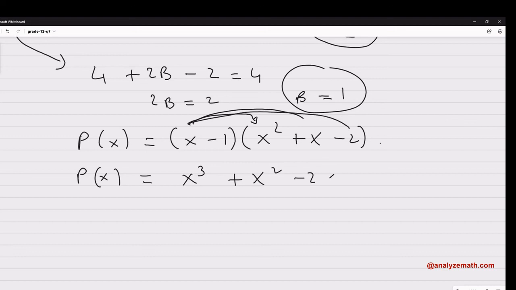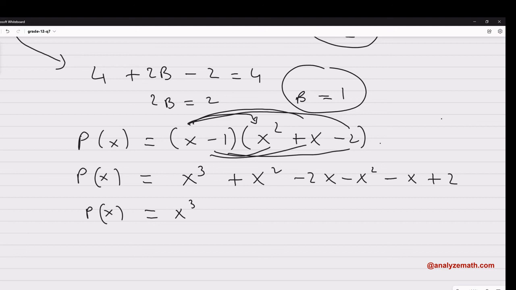Now −1 by x², −x². −1 by x gives me −x, and then the last term, −1 by −2, gives me +2. Now we group the like terms: x³, now x² − x² goes, −2x − x is −3x, plus 2. And this is exactly what we found in the first method.